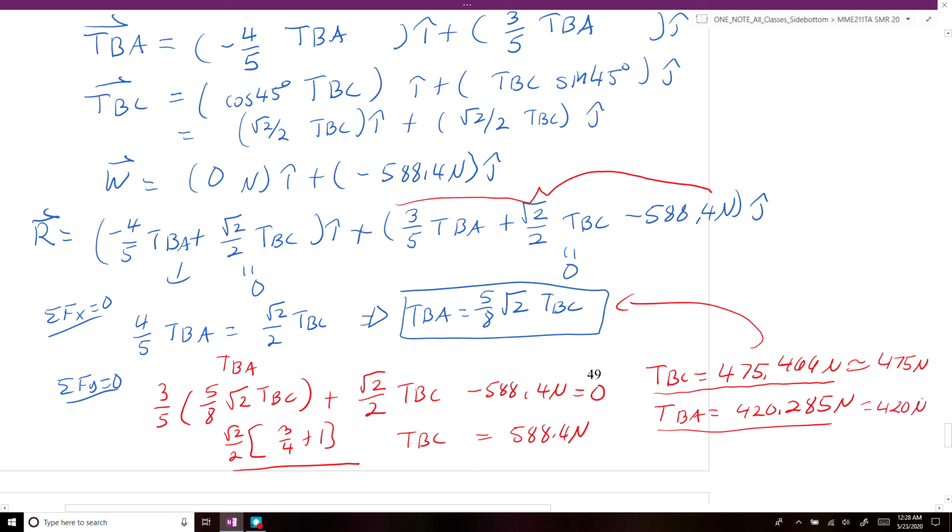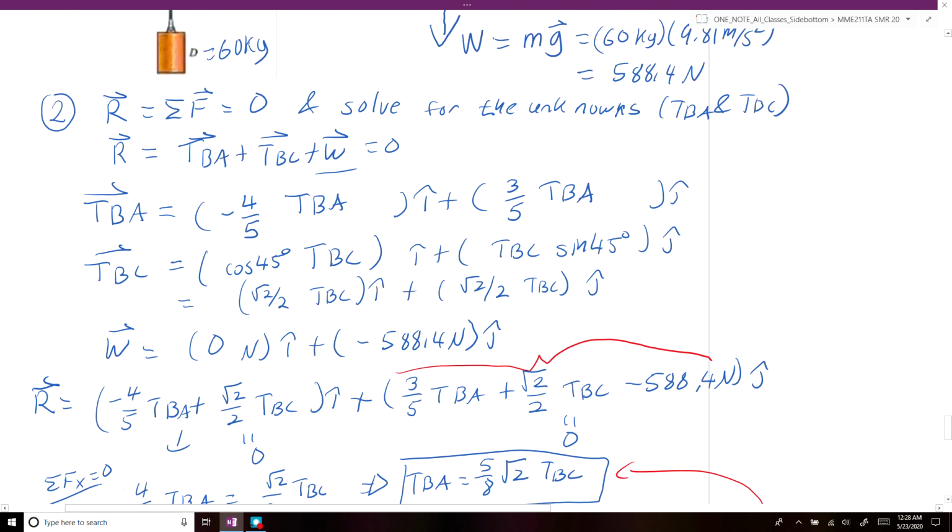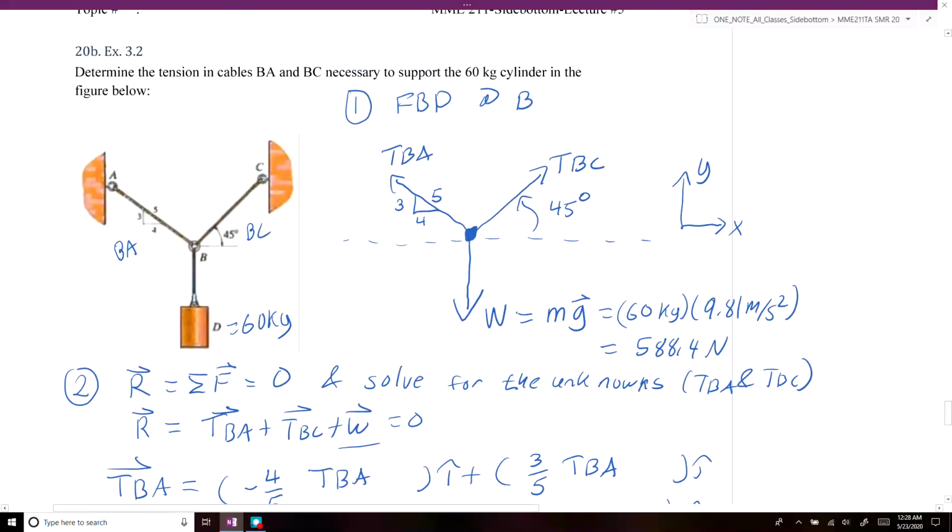Just to summarize what we did in this problem, we looked at the problem statement and identified a point where all of our forces intersect, which was point B. Once we had that, we drew the free body diagram at that point, including all the forces being applied there. We added a coordinate system, and we included all the important angles and other geometry we needed to then apply our equilibrium equation.